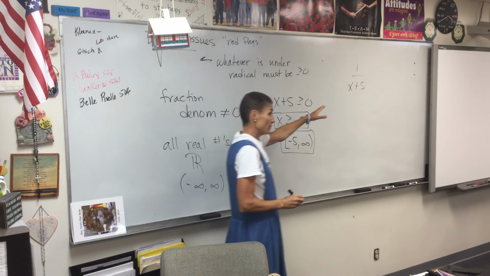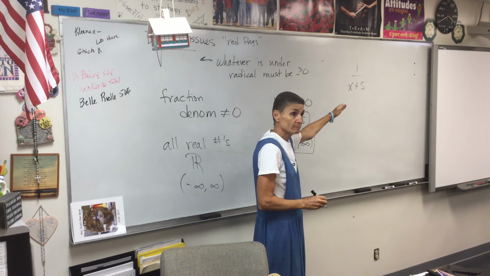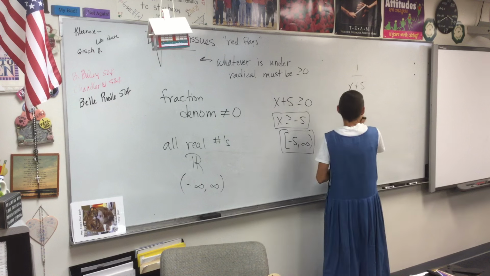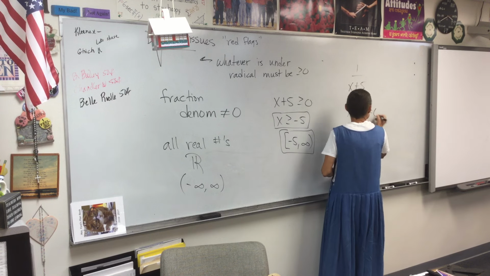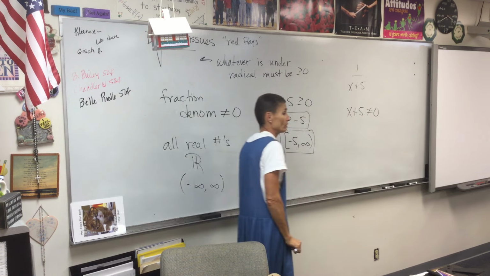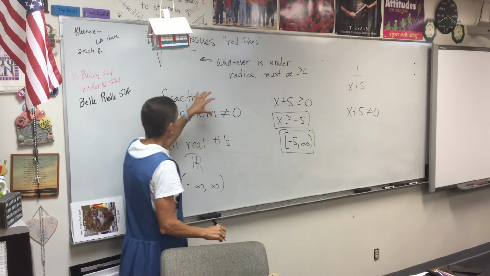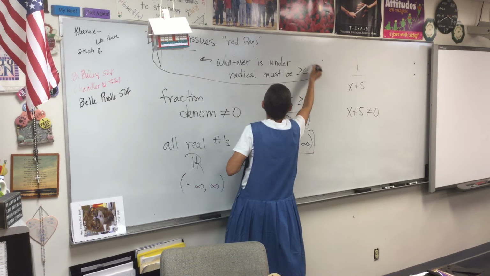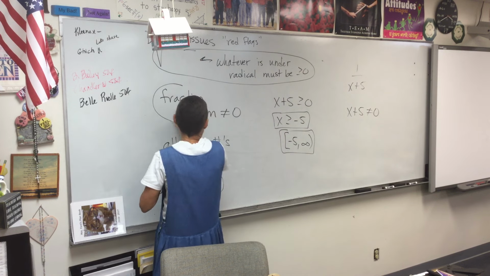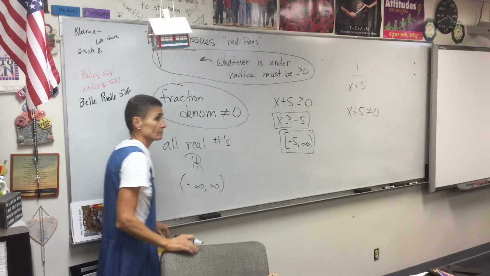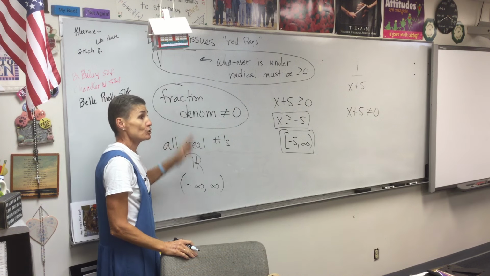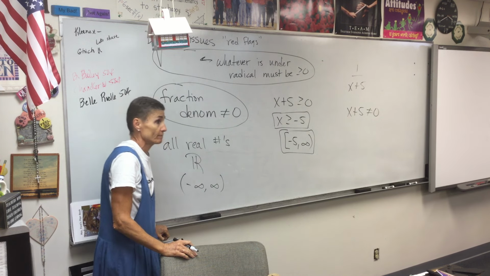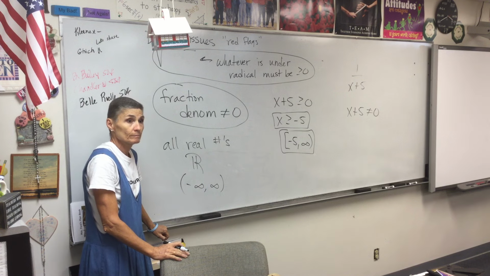So you look at your problem, you say, oh, I have a denominator. So the denominator cannot be equal to 0. These are the rules, kids. You have got to know this and this. If you know those, you can do every domain question that I'm going to ask you to do.